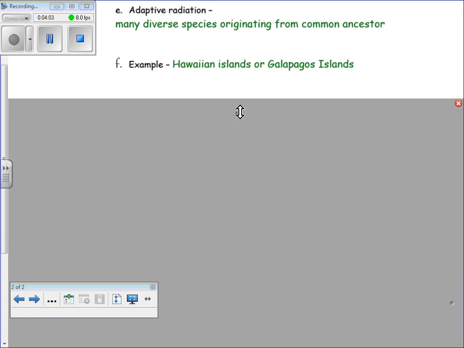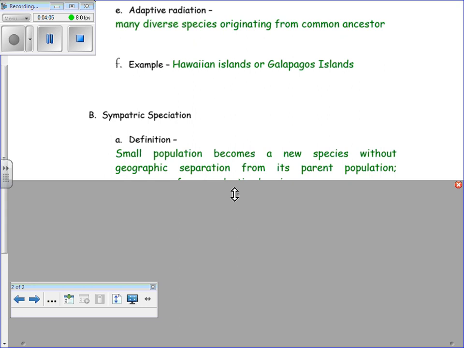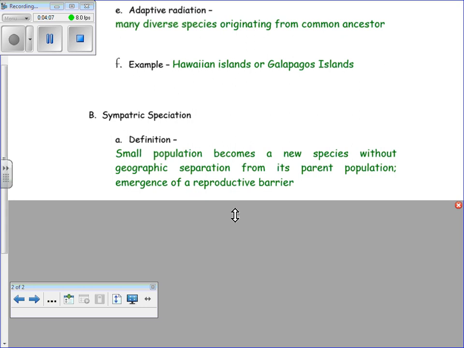In class, I also briefly mentioned sympatric speciation, and sympatric means same country. This is where a population becomes a new species without having that big geographic barrier from the parent population. It could simply be the development of a new reproductive barrier.